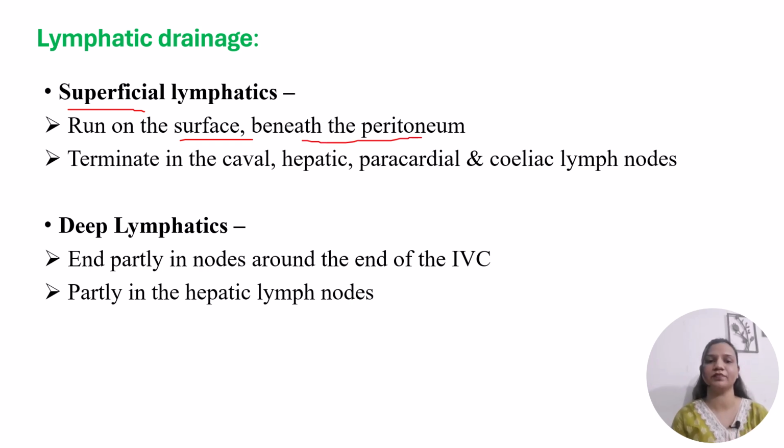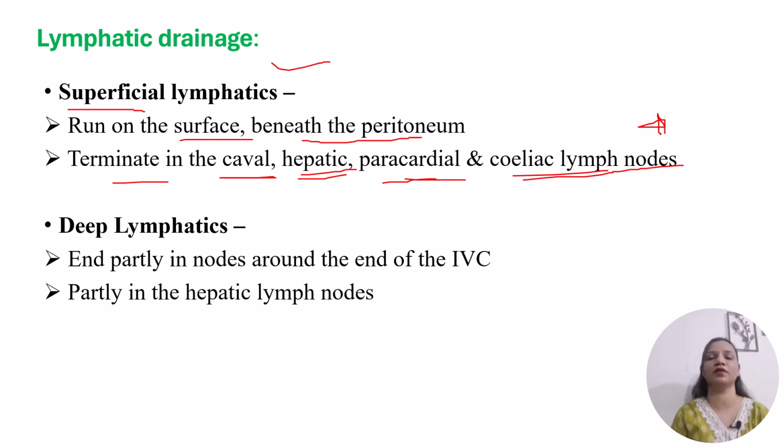Below the peritoneum, these superficial lymphatics run on the surface of the liver and terminate into the caval, hepatic, paracardial and celiac lymph nodes. This is the important point that you have to keep in mind.